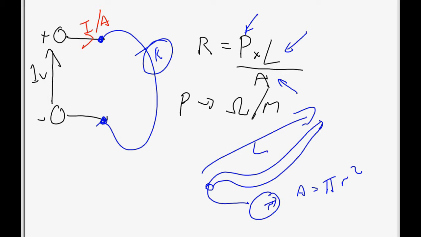If the cable is square, then you just work out the area for a square and so on. So the area is pretty straightforward. So area, length, and resistivity. And what I'll do now is flash up a table of various resistivities.